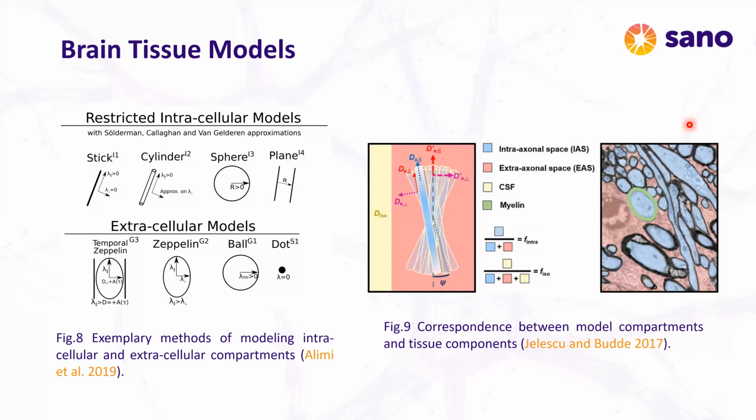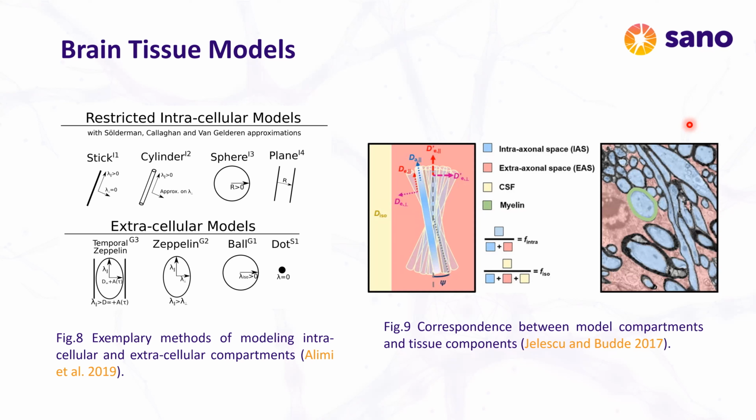Multi-compartment models assume that the total diffusion-weighted signal comes from 2 or 3 compartments, each weighted by a relative volume fraction. The intracellular space is modeled using axially symmetrical and constrained geometric models such as sticks, cylinders, spheres, and planes.